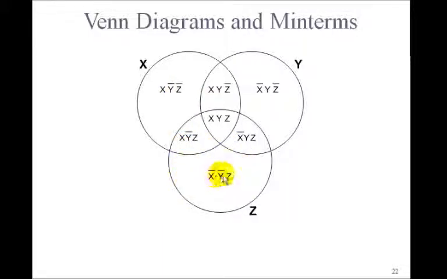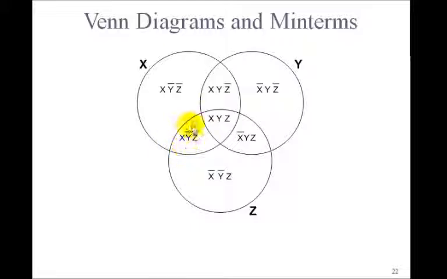This area, we're not in x, not in y, but we're in z. So NOT x AND NOT y AND z. Up here, this is NOT x AND y AND NOT z. That is, we're only in y, but we're not in x and we're not in z. This little area here is in x and in y, but not in z.